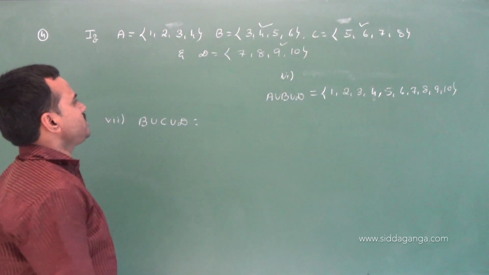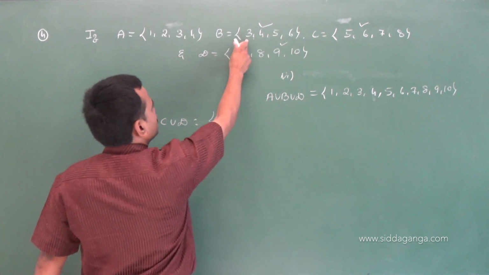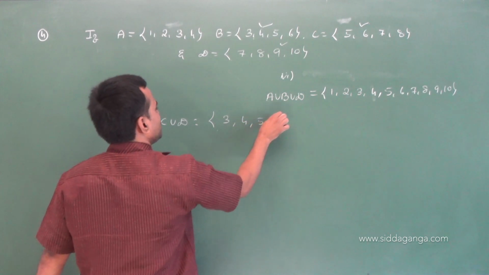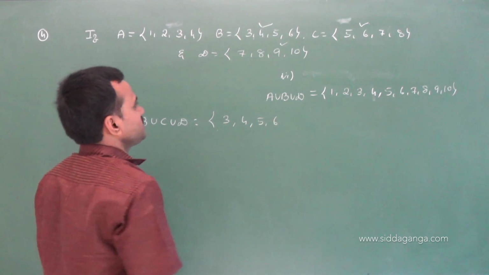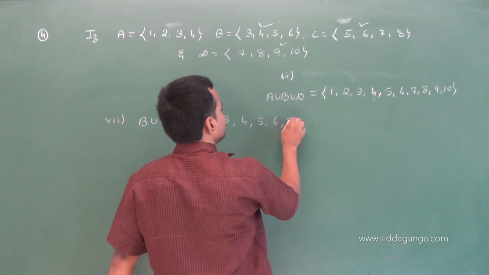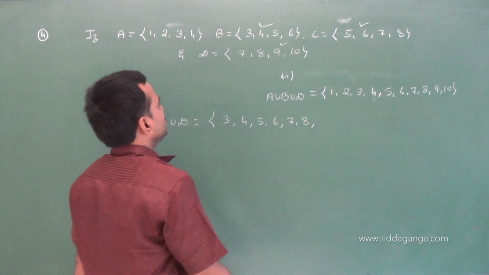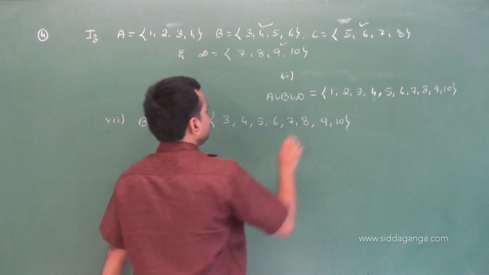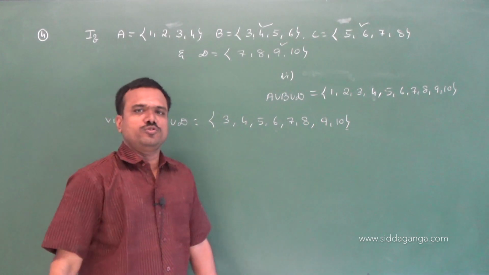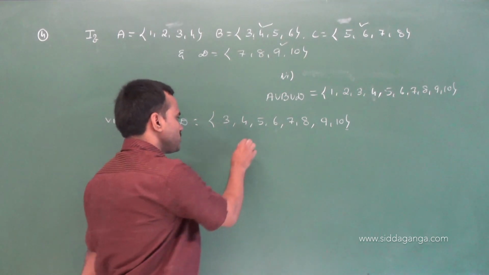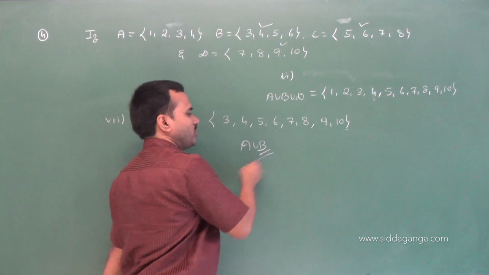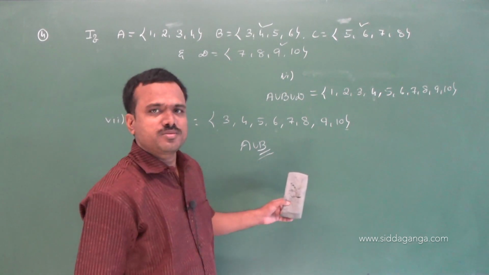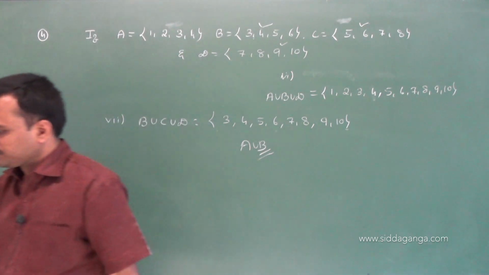First we write the B set: 3, 4, 5, 6. C set: 5, 6 already over, so 7, 8. D set: 7, 8 already over, so 9, 10. So understand the concept. A union B is very important. This is the first operation on sets, A union B.